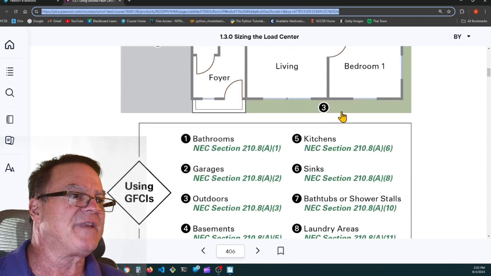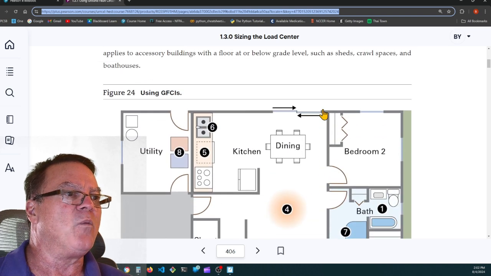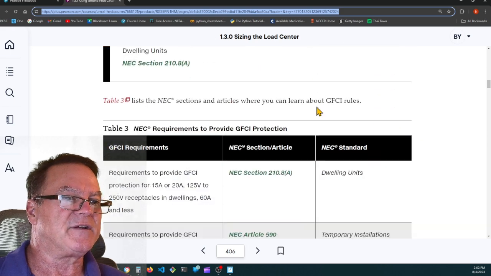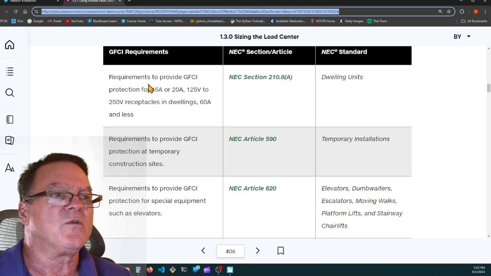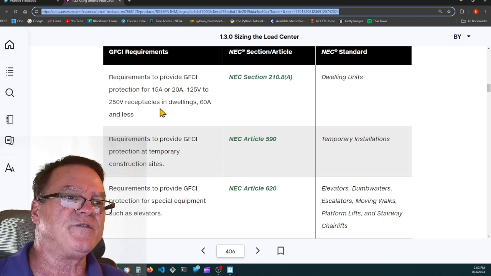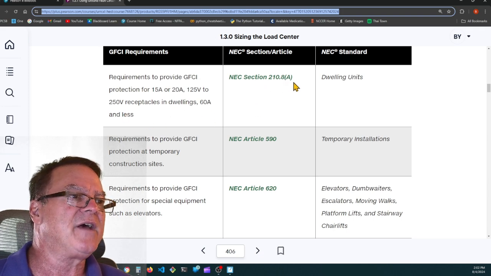And any receptacles on the outside of the house, by code, you have to have a minimum of 2, one in the front yard and one in the backyard. And they have to be GFCI protected. So, GFCI requirements provide GFCI protection for 15 and 20 amp, 125 volt to 250 volt receptacles in dwellings, 60 amps and less. 210.8(A).